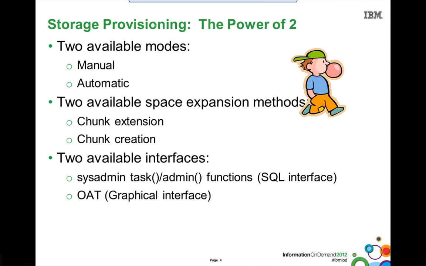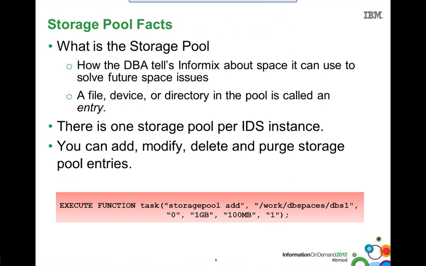So, one of the first things we really want to do is talk about the concept of a storage pool. There is one storage pool for all databases, and each instance of Informix has one storage pool. Regardless of how many databases or anything like that, there's one.